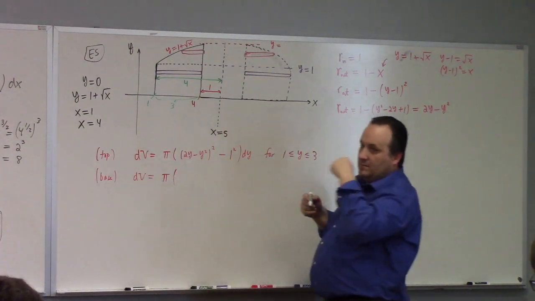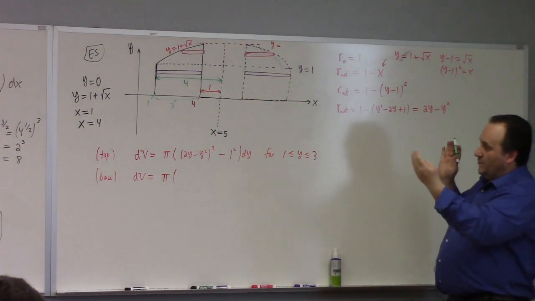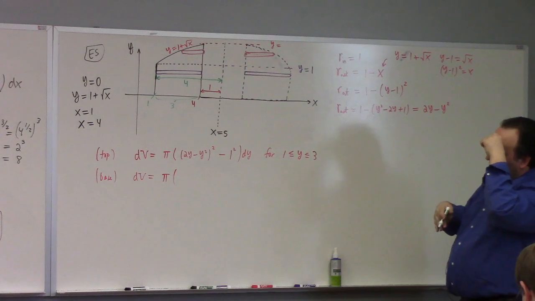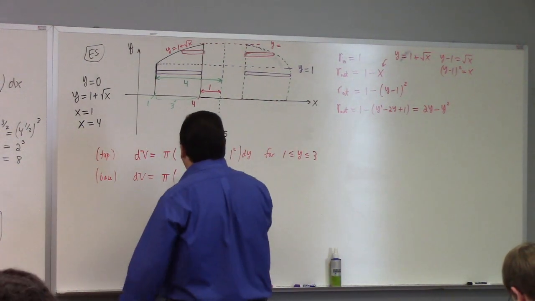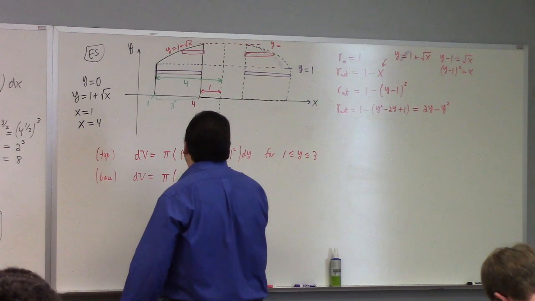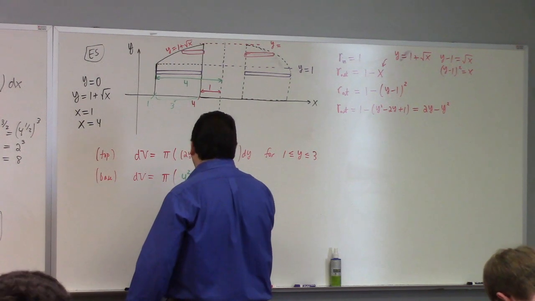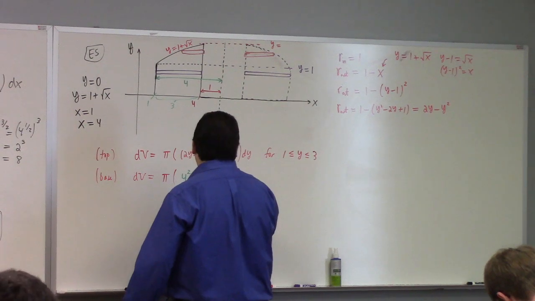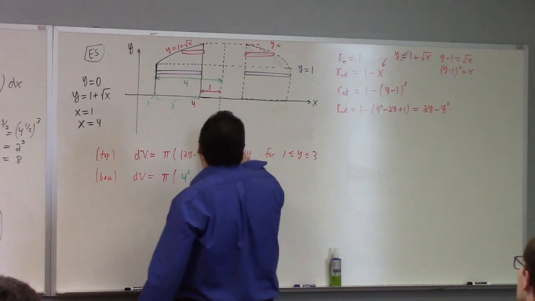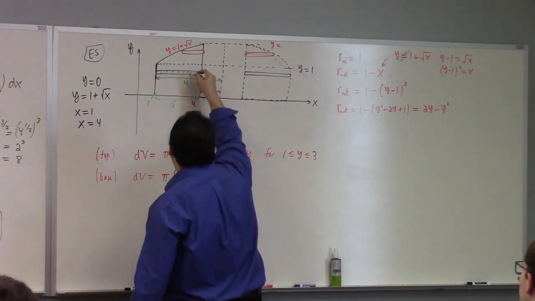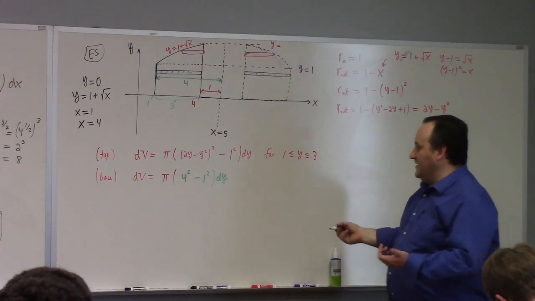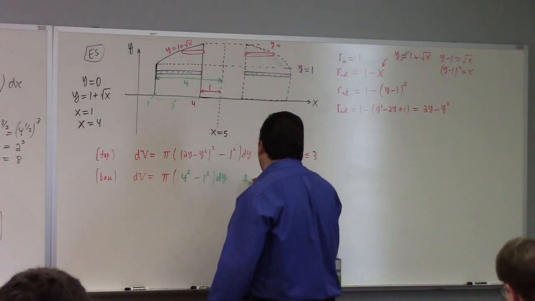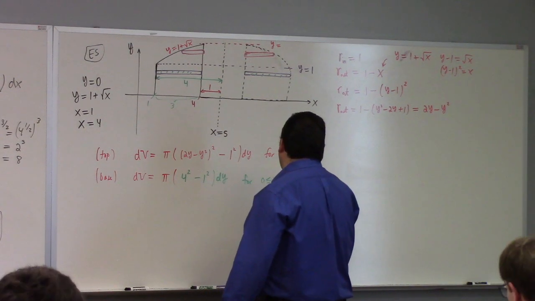That's 3. And then 1 over to x equals to 5. So it's a distance of 4. So my outer radius is 4. My inner radius is 1. And then, of course, dy is the thickness of the shell down here. And that's for 0 less than or equal to y less than or equal to 1.